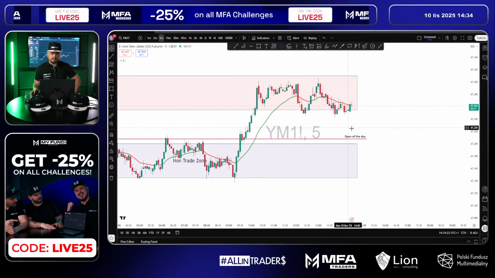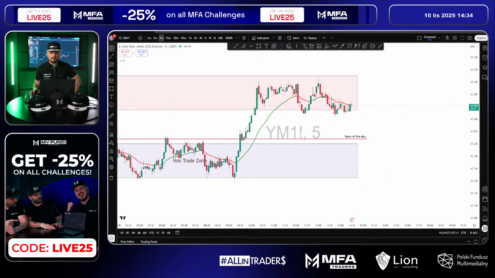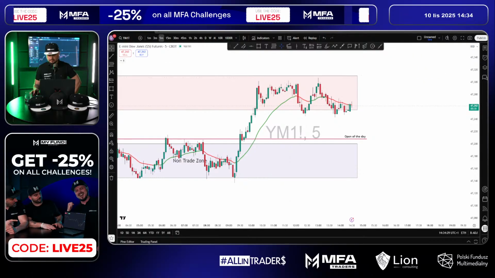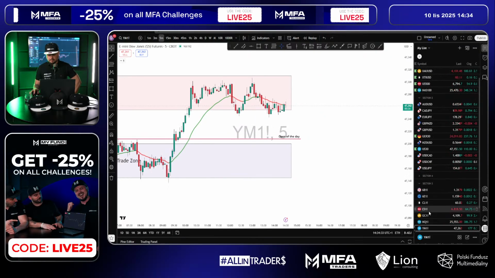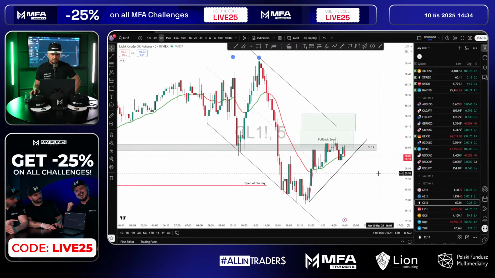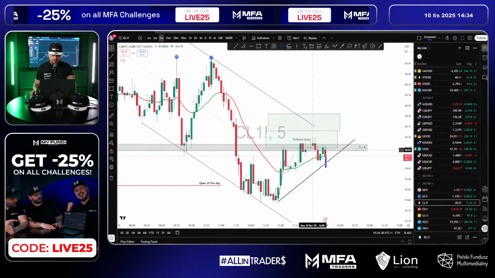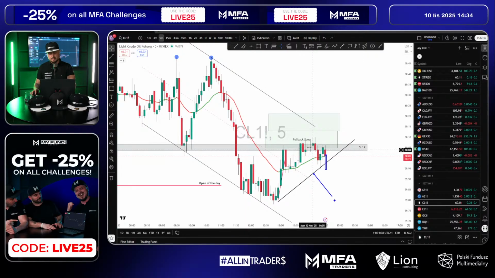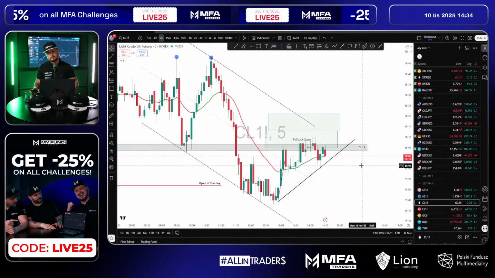In this case, we are too close to the open of the day and we don't have a reaction yet. If we see this candle closing under this trend line, I'm going to open the position. We'll see.